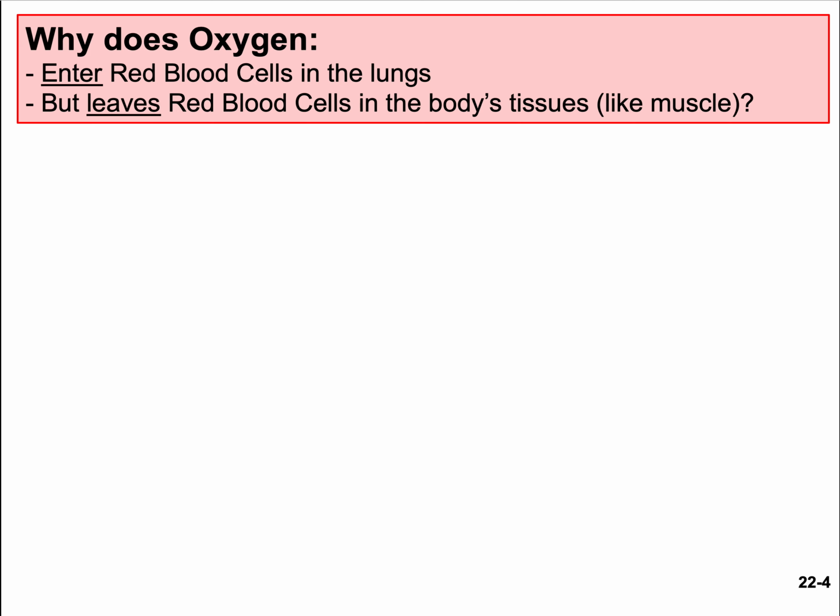But just a basic question to step back here before we go further. If you think about your respiratory system, and you think about gas exchange, in the lungs, blood is absorbing more oxygen and releasing lots of carbon dioxide.